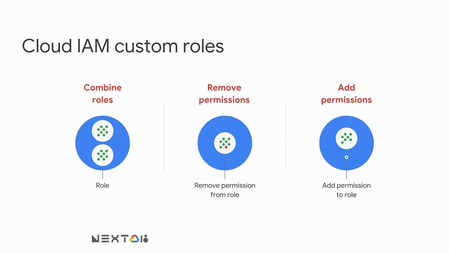Let's combine them, right? The other is, hey, I like this role, but it has this powerful permission I don't like. Let's remove it. Or you say, this role has everything I need, but this one permission, and you can add it. So these are the most common use cases. However, you can combine anything you want.